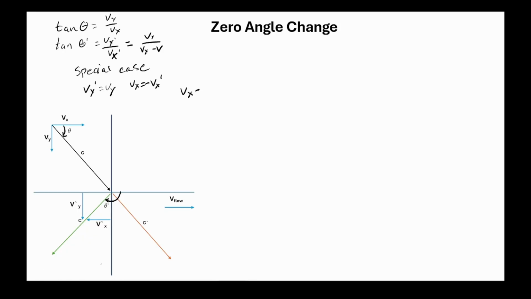And so, right, the condition for this to be true is as long as Vx is equal to a half of V, the velocity of the flow. And then Vx is just the speed of light times cosine.